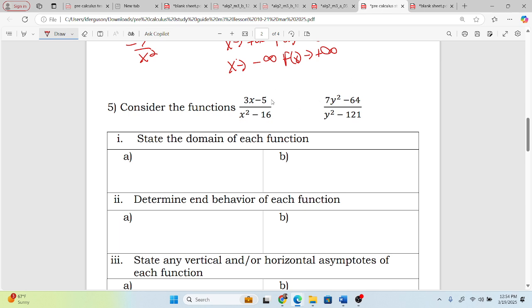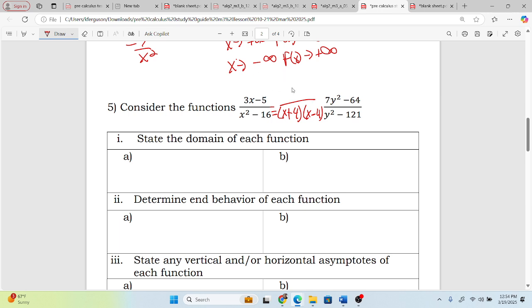All right. So let's look at this. If I look at the denominator, what does that factor to? So I got x plus 4 and x minus 4.